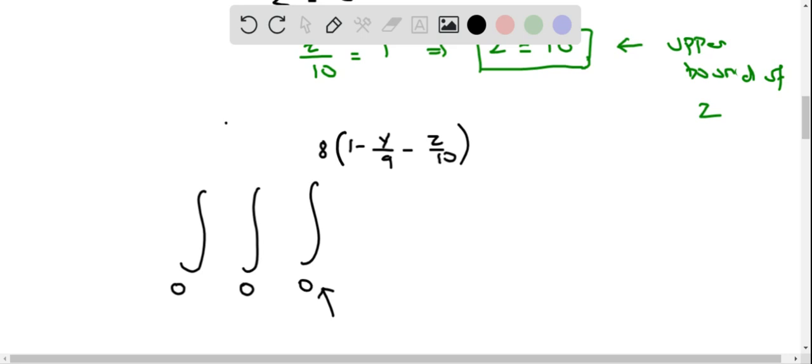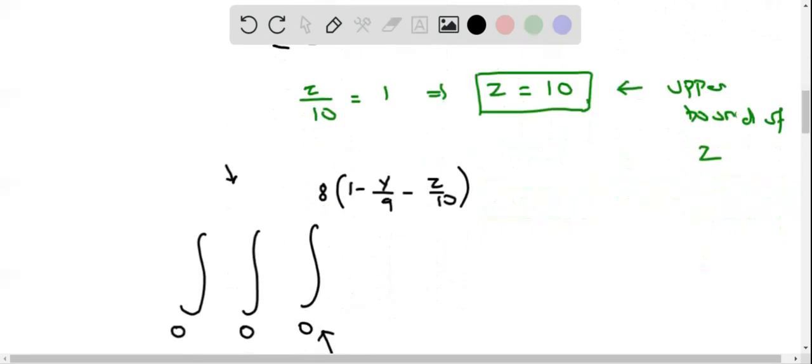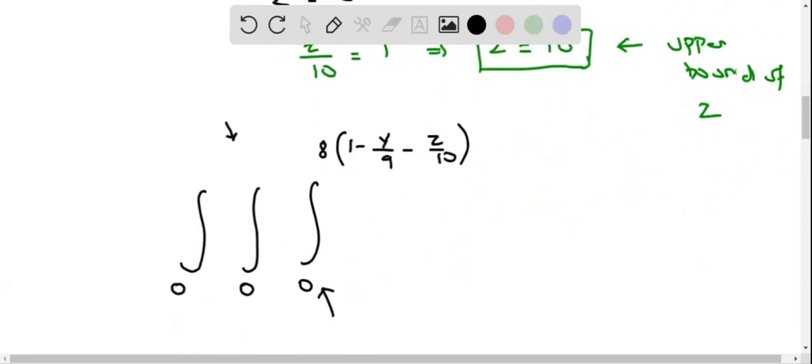And here we put the upper bound of y, which is 9 times 1 minus z by 10, and here we put the upper bound of z, which is 10. So this one is done, and then we finally put dx dy dz.